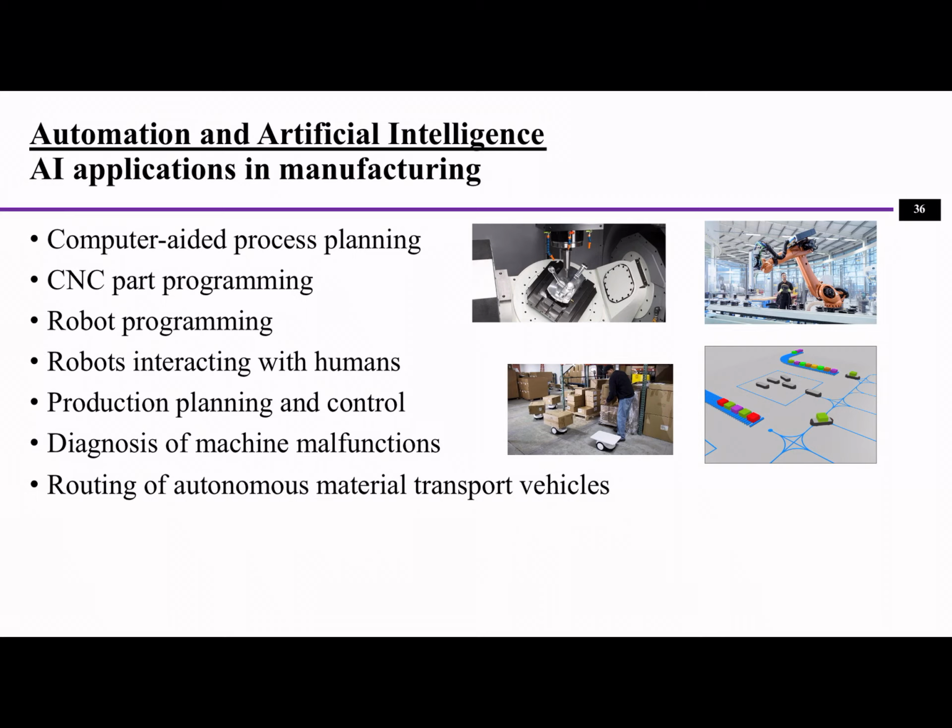A lot of those can use AI or machine learning algorithms to help us improve performance. Same with diagnosis of machine malfunctions, and also programming autonomous material transport vehicles. In some very large warehouses, Amazon already uses automated routing systems for transporting people's packages.